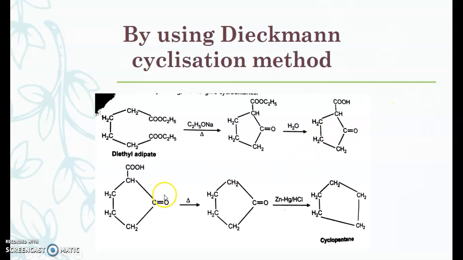Here you can see, beta keto ester means there is a ketone functional group present. This beta keto compound on treatment with zinc amalgam is converted into our cycloalkane, that is cyclopentane. So this is another important method, the Dieckmann cyclization method, which can be used for the preparation of cycloalkanes.